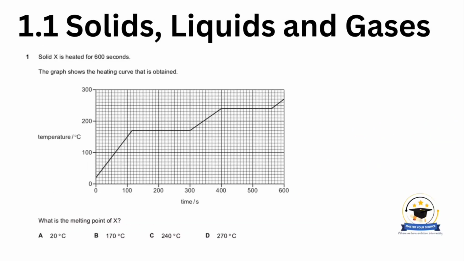Let's now look at the heating curve taken from the February-March paper of 2024. Between 0 and 115 seconds, the substance is a solid. Between 115 to 300 seconds, the substance is melting.